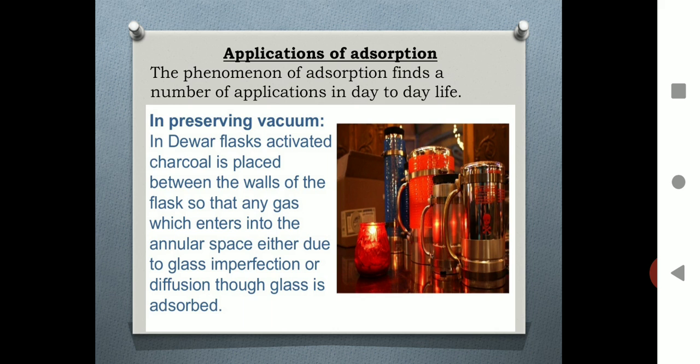Now next we are going to talk about application of adsorption in our day-to-day life. There are various areas where adsorption plays a role. One of them is in preserving vacuum.